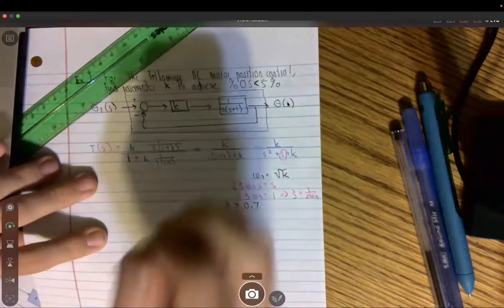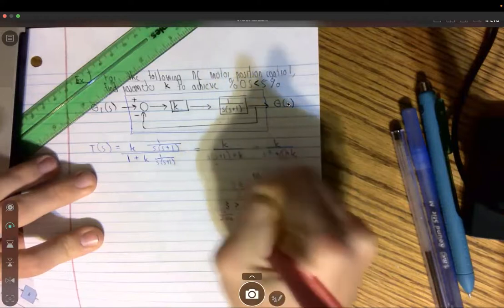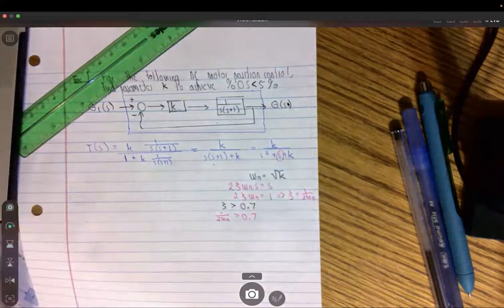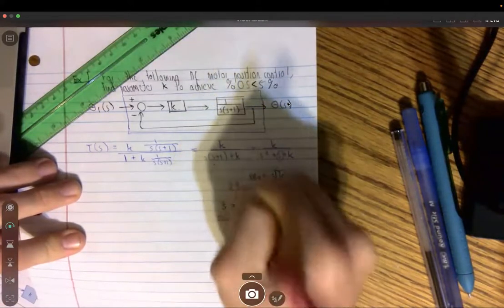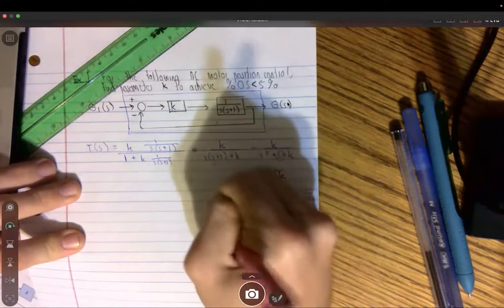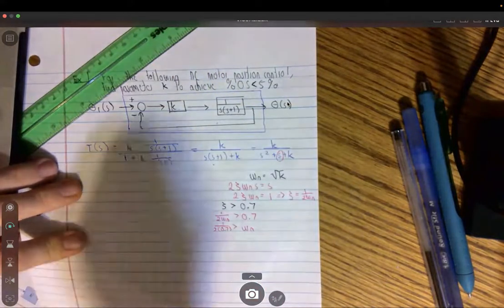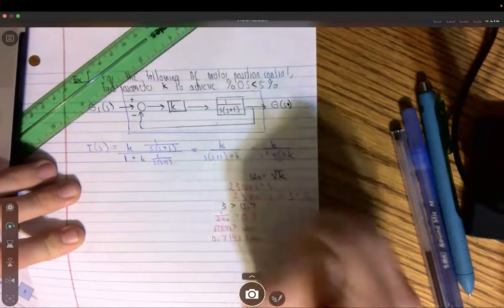And so we can say 1 divided by 2 omega n must be greater than 0.7, just plugging in for zeta. And so here, what we're going to see is that omega n, when we solve for it specifically, so if we move omega n over to this side, then we would have 1 divided by 2 times 0.7. And we're going to get 0.7143 must be greater than omega n.